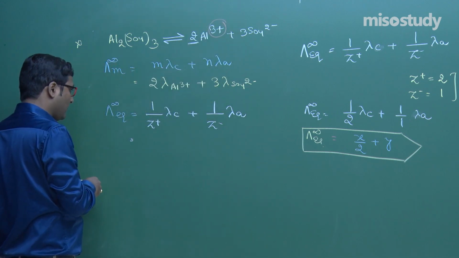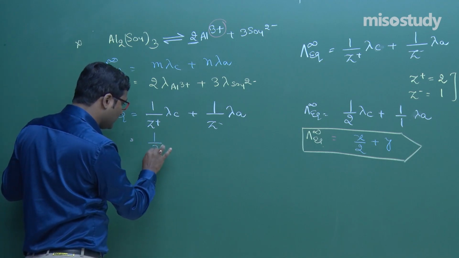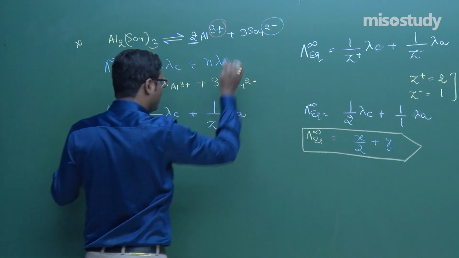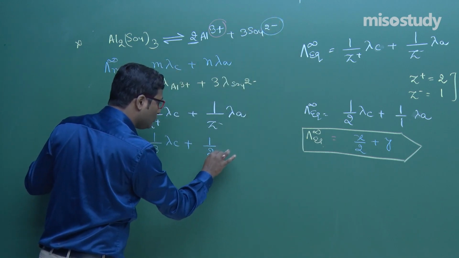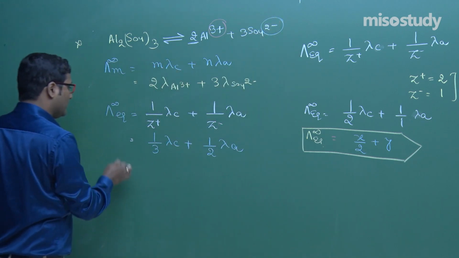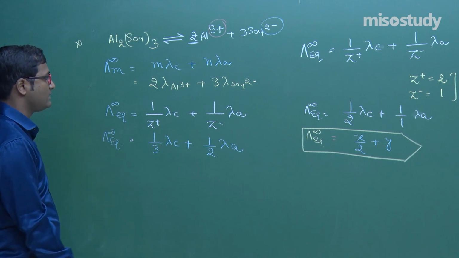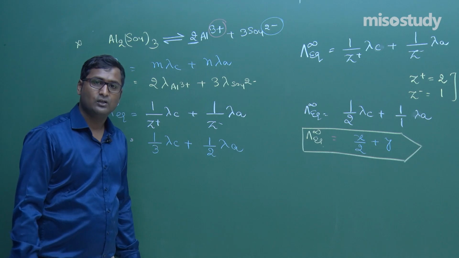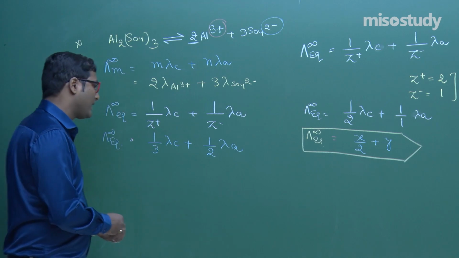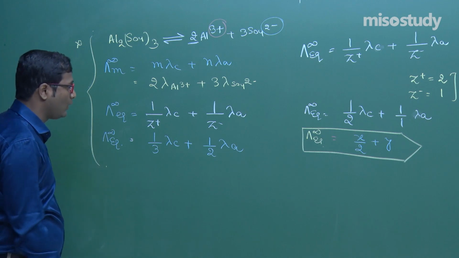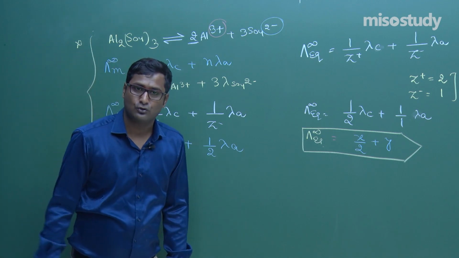So put here 1 upon 3 lambda C. What is Z minus here? That is minus 2. 1 upon 2 lambda A. This is the expression for equivalent conductivity, my friend. I think now you are very much familiar. You can easily solve such kind of question. Still, if you have any doubt, you can easily approach me.